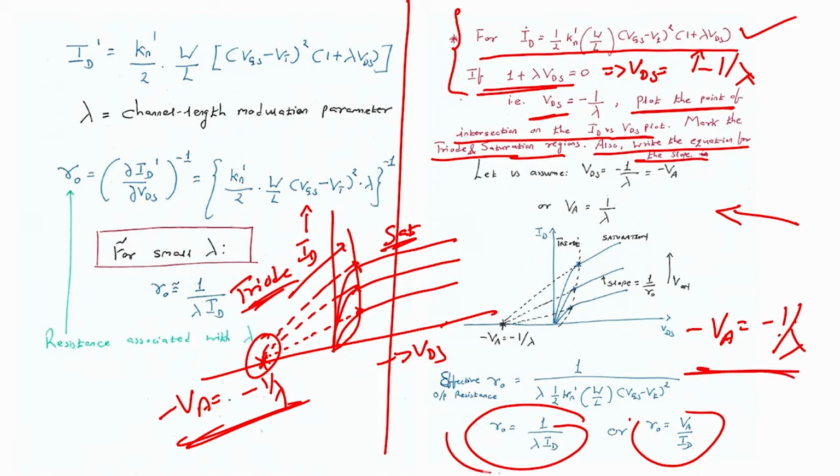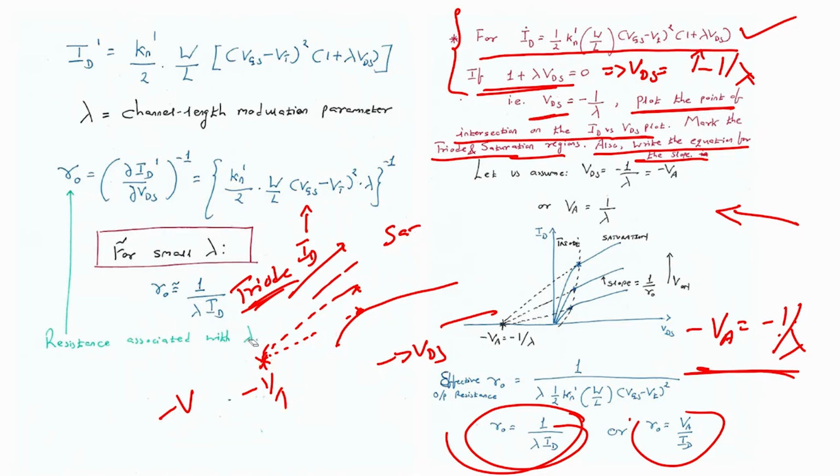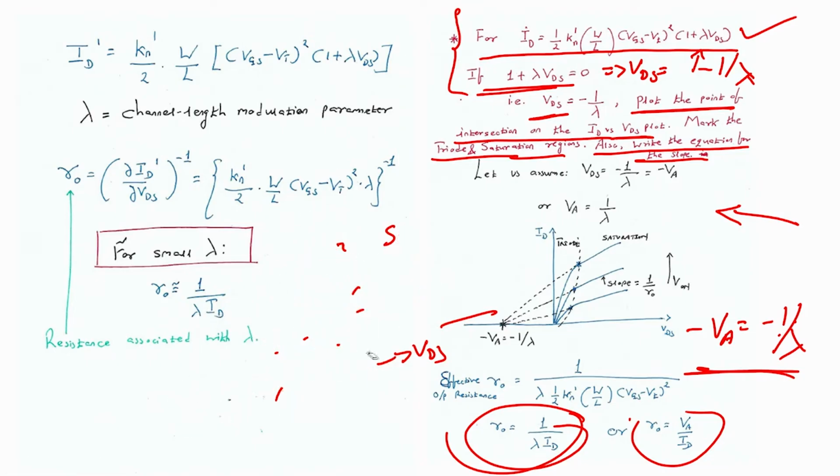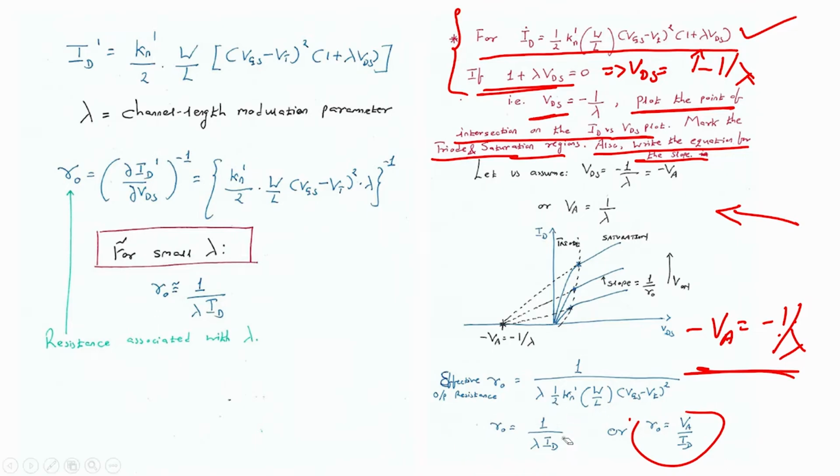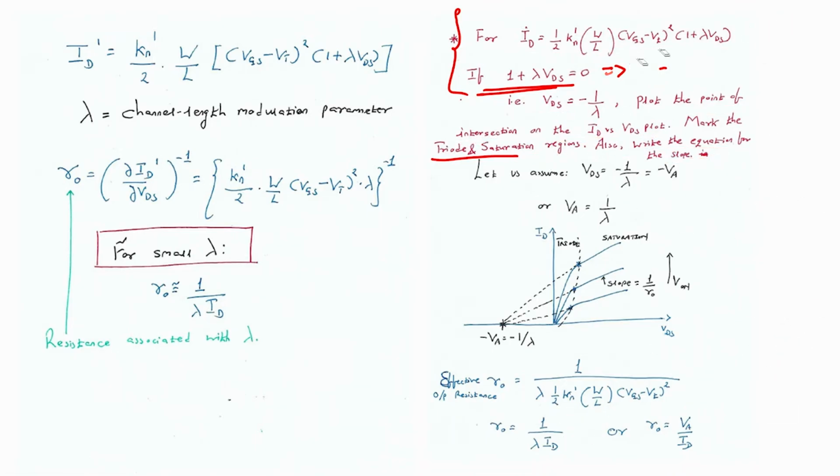If I substitute the value of lambda, I can get RO equals VA by ID. Easy, extremely easy. If you have any doubt, ask me through the forum, I will help you out. Otherwise, the problem is so easy that anyone can solve it once you know the basics of your MOSFET.